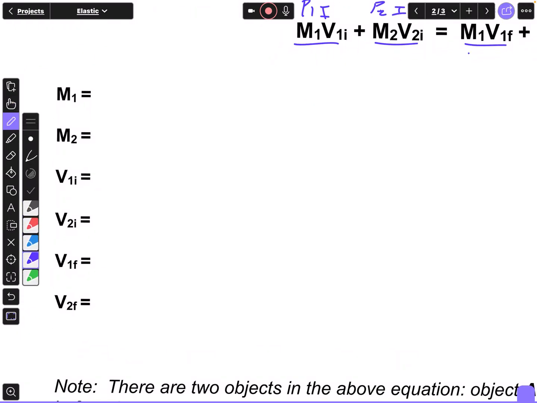Well, M1 is the mass of the first object. M2 is the mass of the second object.